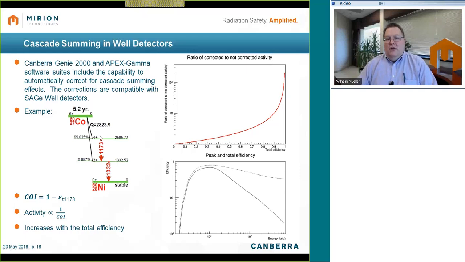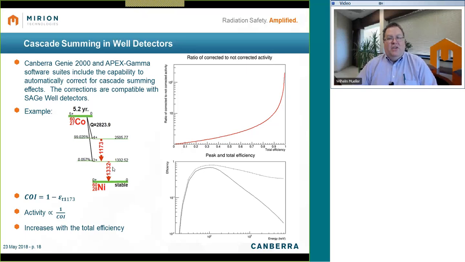As you are most likely aware, cobalt-60 has two characteristic gamma rays of 1173 and 1332. These gamma rays are actually emitted in a cascade event at essentially the same time, and this is unresolvable by the detector.